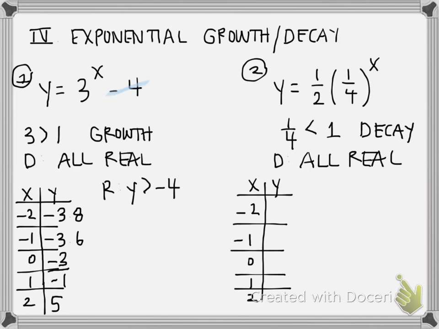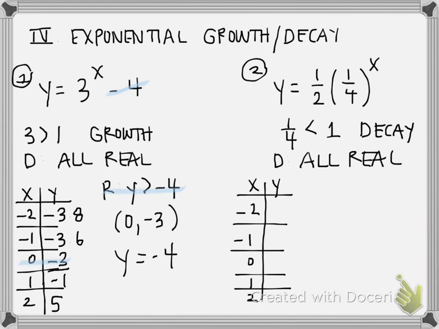Okay, the intercept, you found it down here, so we always like to plug in a 0. So your intercept is going to be (0, -3). And your asymptote is the same thing as your range here. So it's going to be y equals -4. So that means it's going to get closer and closer to that value, but it's never going to touch that value. Okay?